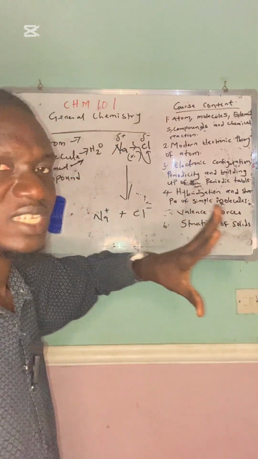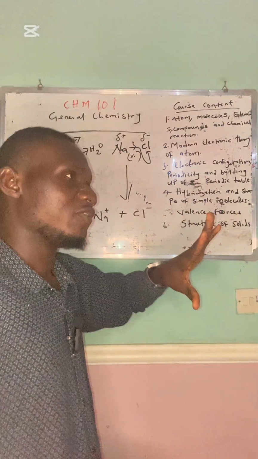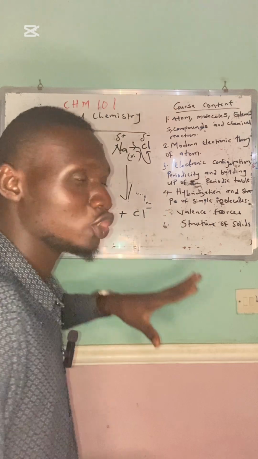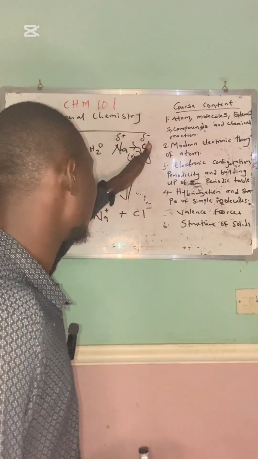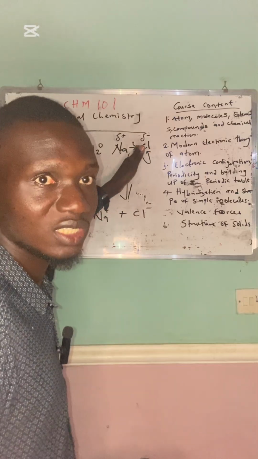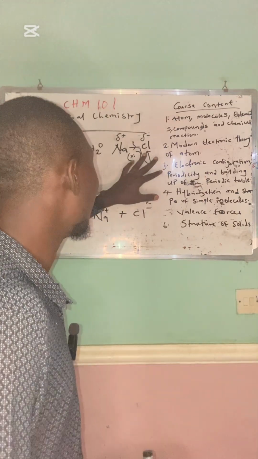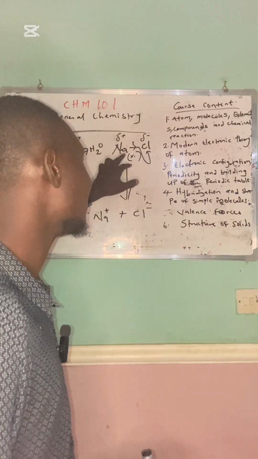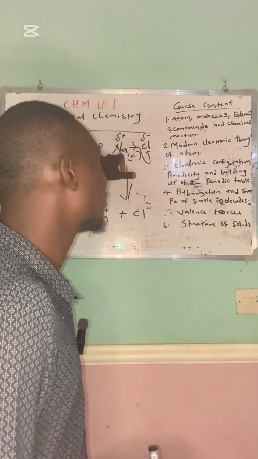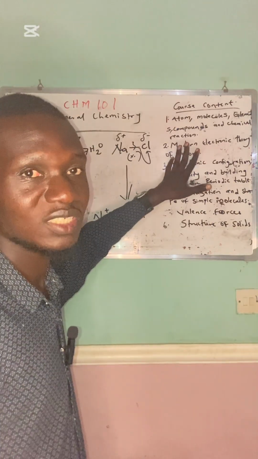This kind of splitting is informed by the heterolytic cleavage. Hetero means the atoms or elements involved in this compound are elements of different kinds. You can see chlorine atoms are different from sodium atoms. Sodium element is different from chlorine as an element.